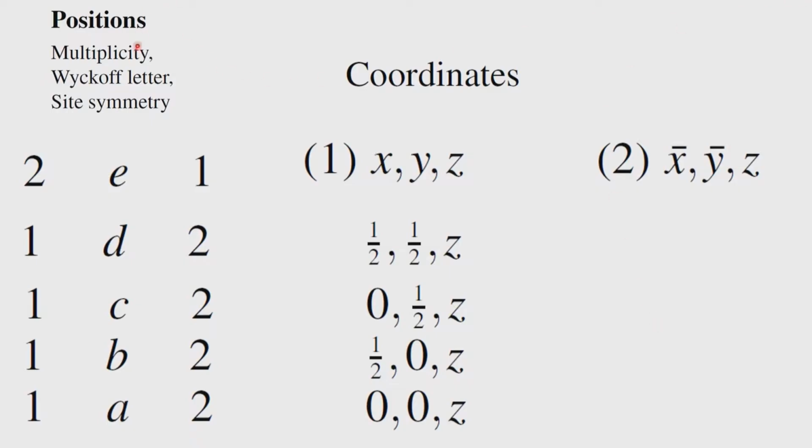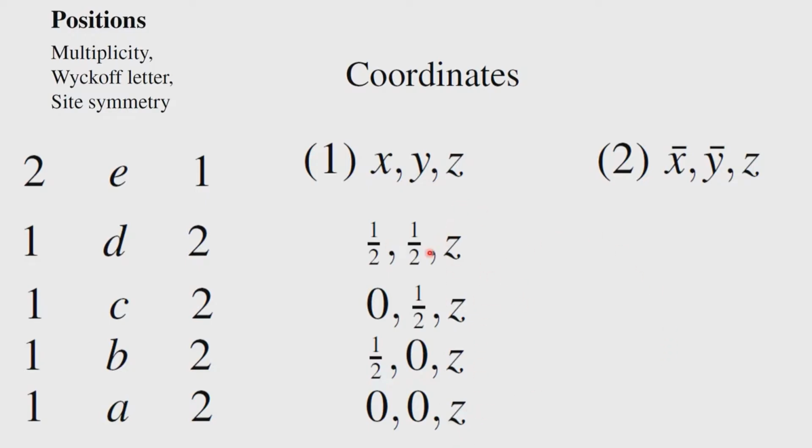For example, the multiplicity, Wyckoff letter, site symmetry, which is listed here, shows that there are 4 special positions. Remember, in P1 bar there were 8 special positions. Here there are 4 special positions. And what is interesting is that these special positions have a value of z. This is in a different orientation. This is probably seen down the z axis.